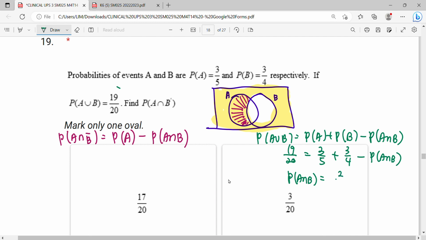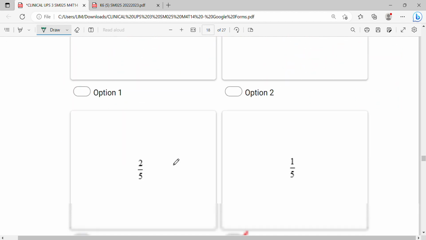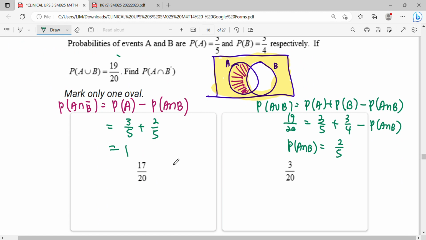Over 5, then we can substitute here already. 3 over 5 plus 2 over 5, 1. Right? No. What's the intersect?